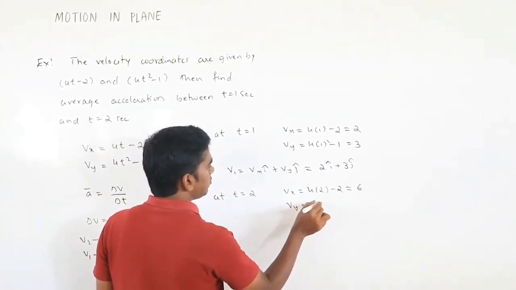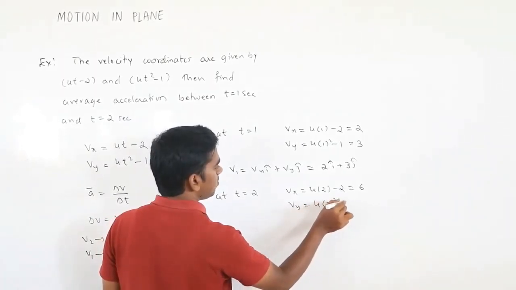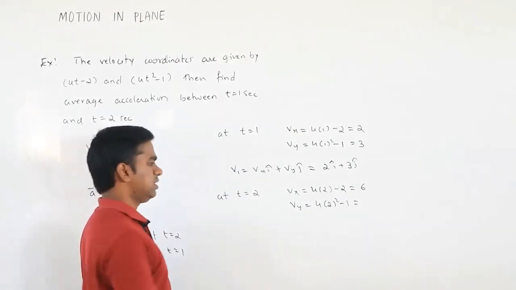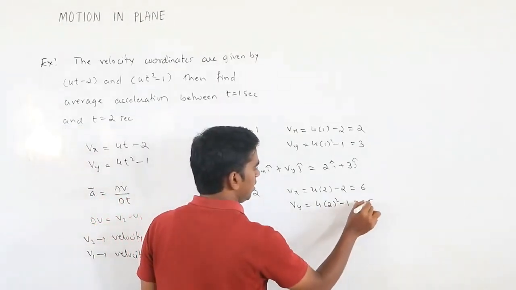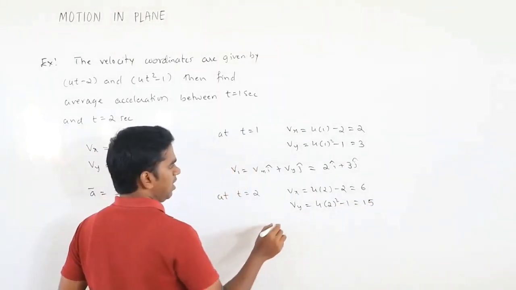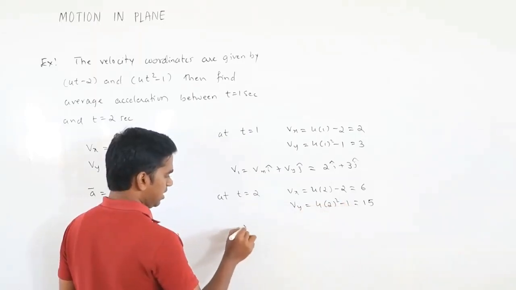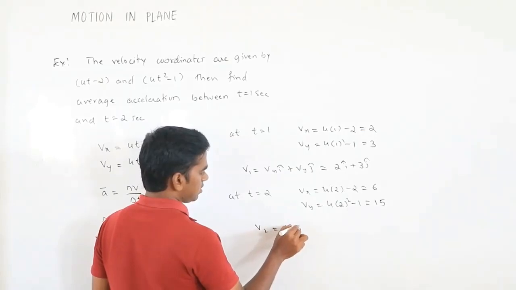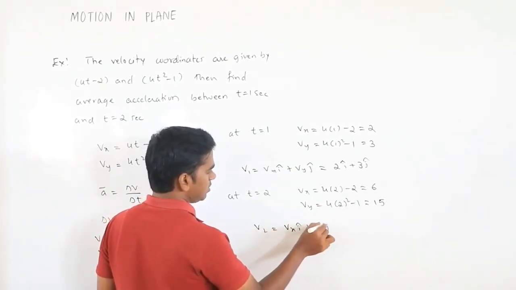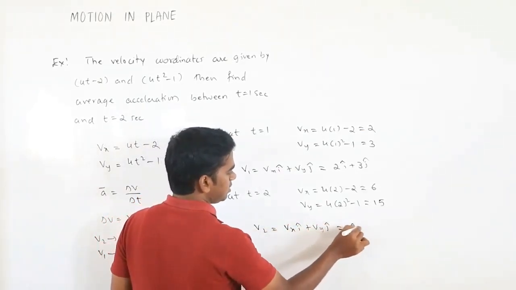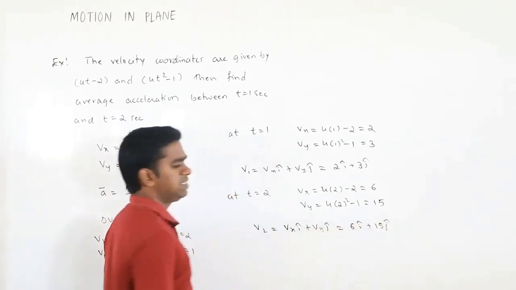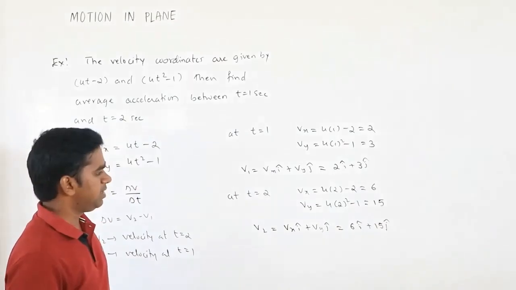Vy is 4t square, so 2 square is 4, 4 into 4 is 16, 16 minus 1 is 15. So V2 equals Vx i cap plus Vy j cap, that is 6 i cap plus 15 j cap.